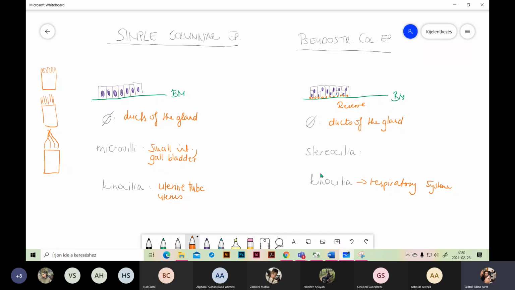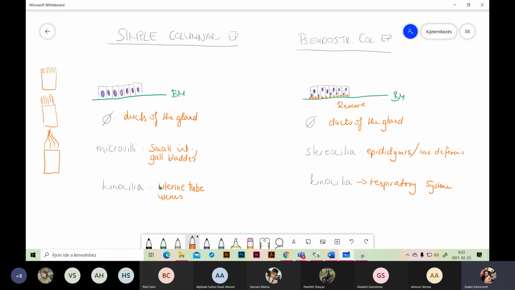Okay, and the last option, pseudostratified columnar with stereocilia. There is this type of epithelia in male genital organs, for example, in the epididymis. Or in the vas deferens, we also have this type of epithelia.